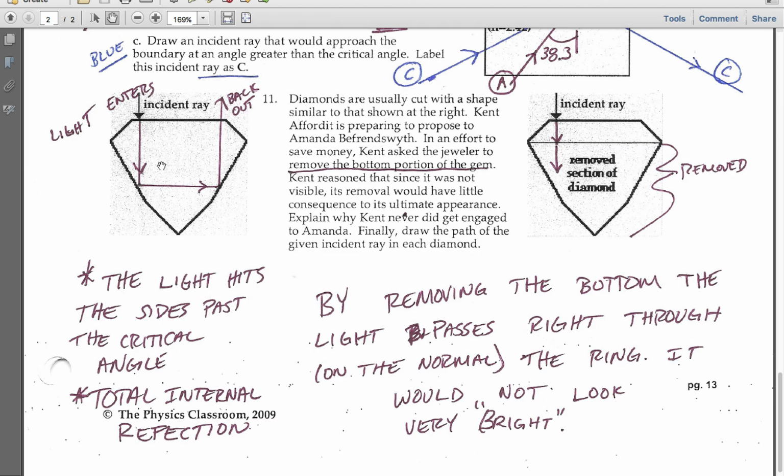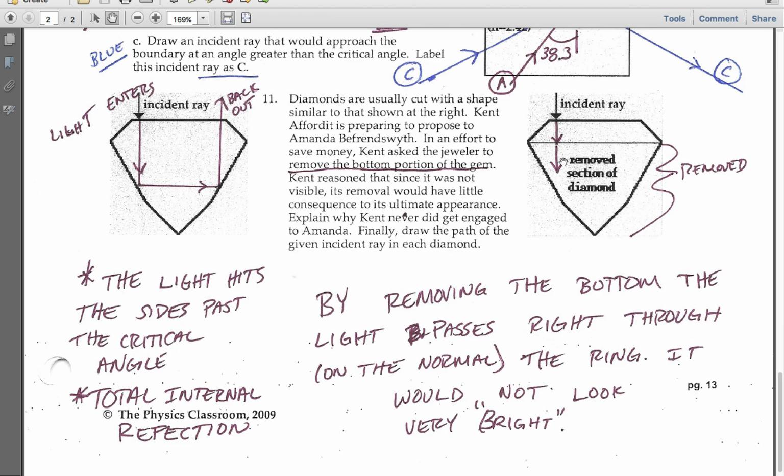So it surpasses the critical angle, meaning that its total internal reflection hits the opposite wall, which has the same angle, total internal reflection again, and then all the light comes back out. So it allows light to enter and then be sent right back out. Nice bright light, lots of reflection, lots of sparkling going on here. So this is the proper cut. These are the expensive diamonds.